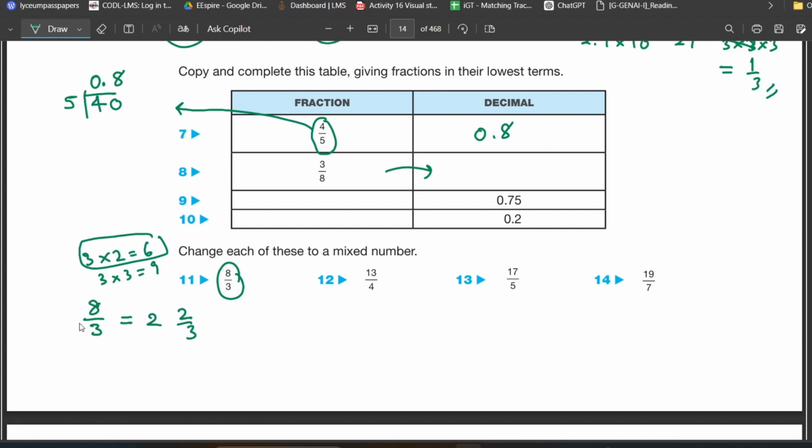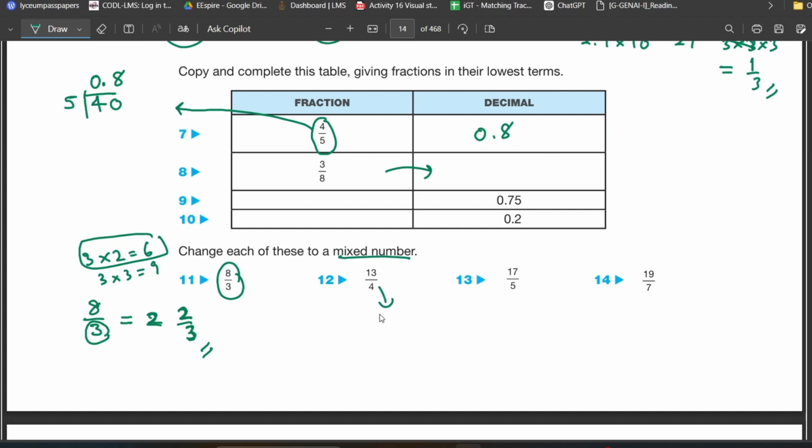Like that we can write. What we do is we get the whole 3's out. How many whole 3's are there in 8? We take those out and write it as a whole number, and write the remaining as a fraction. Like that we can get the mixed number.